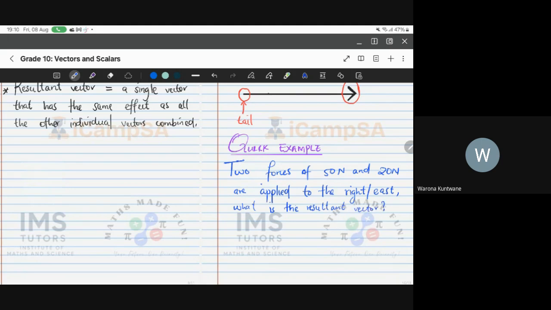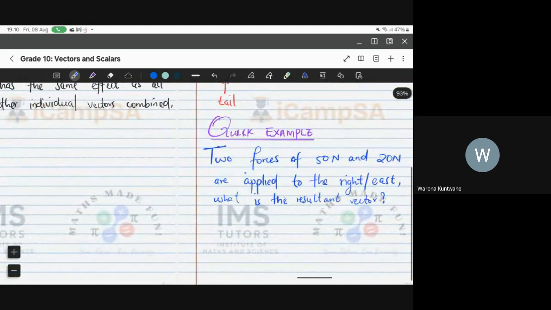So you have two forces, 50 newtons and 20 newtons, and they are both applied to the right direction. Now, what is the resultant of these forces?